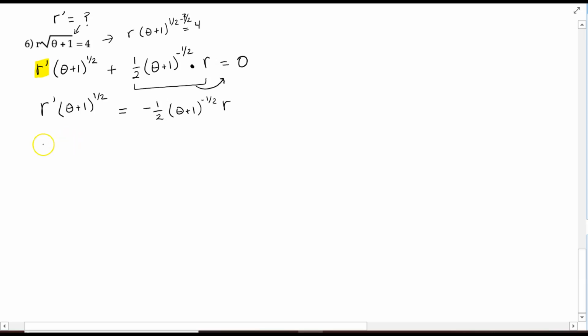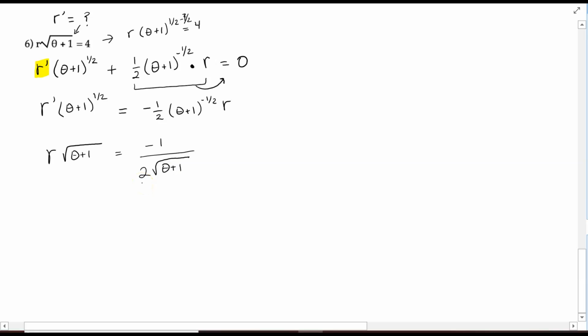Now what I'm going to do is rewrite this so that I can get my negative 1/2 in the denominator. Okay, so I think I'm pretty set on writing it back as a square root. I think that's okay. All right, so negative 1 over, and then it's a 2 in the bottom, multiplied by the square root of theta plus 1, just like that.